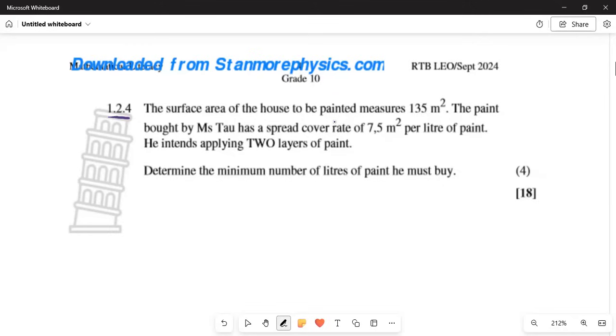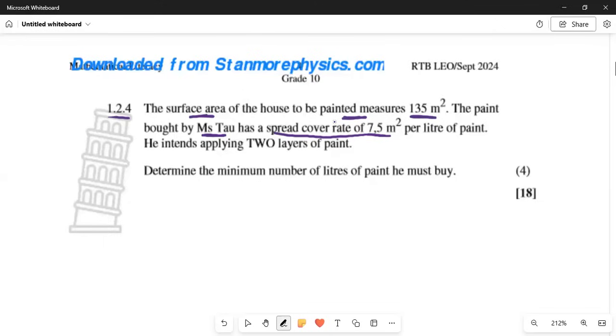In 1.2.4, they say the surface area of the house to be painted measures 135 meters squared. The paint bought by Ms. Tau spreads at a rate of 7.5 meters squared per liter.